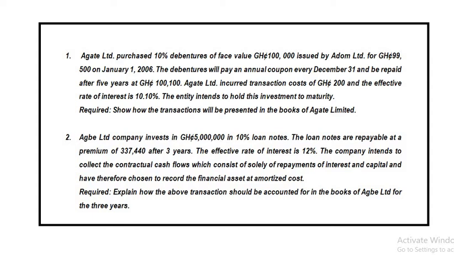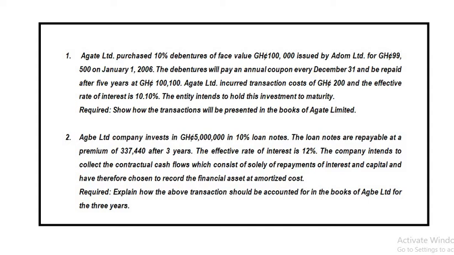So let's start accordingly. Acca Limited invests 5 million in 10% loan notes. The 5 million loan note is the face value of the financial asset, because we've already been told that it is a financial asset. The 10% becomes the coupon rate, or the fixed amount to be paid, the annuity payment.